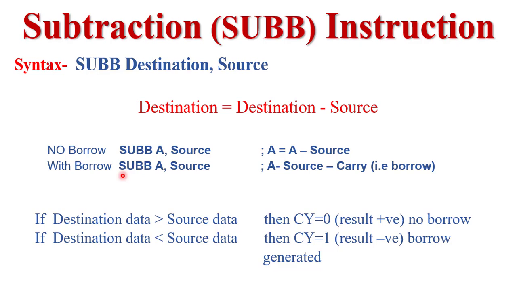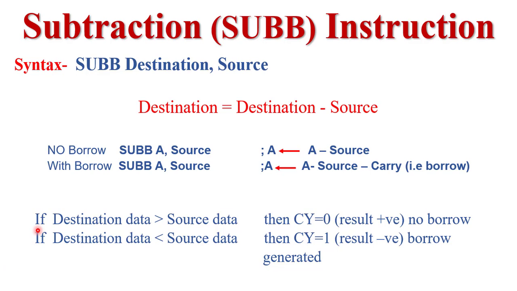Here we use the SUBB opcode for both subtraction with borrow and subtraction with no borrow. So this instruction tells that subtract the source from the content of accumulator and carry is also subtracted. Carry means borrow here. So borrow is also subtracted and the result is stored in the accumulator register. After the operation, which flag is affected? There are two conditions.